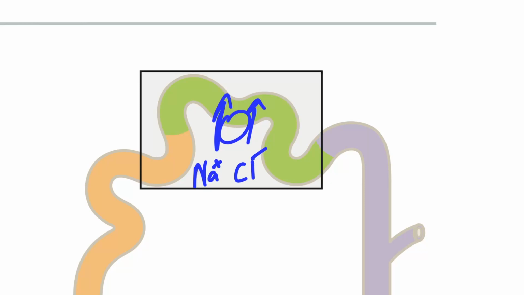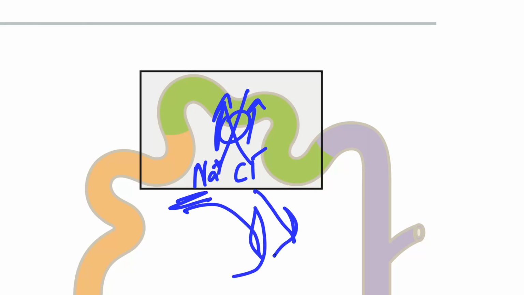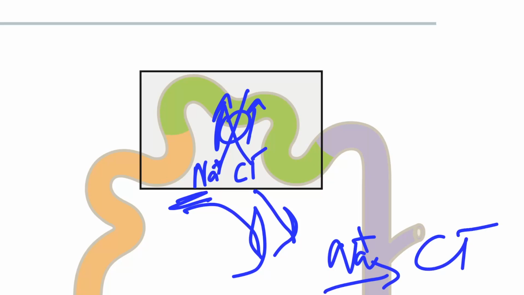That's a normal active reabsorption, but a thiazide diuretic would inhibit this channel. So now the sodium is going to go out in urine and the chloride is going to go out in urine. But again, we know that sodium is going to be picked up in the collecting tubules.